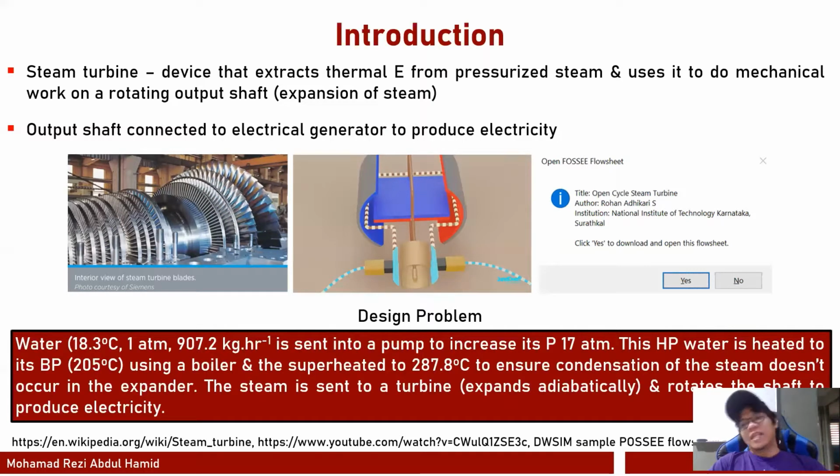Basically, the energy from the steam will be extracted, and there is an expansion of the steam when it enters the turbine, and it rotates the output shaft. This output shaft is connected to an electrical generator to produce electricity.